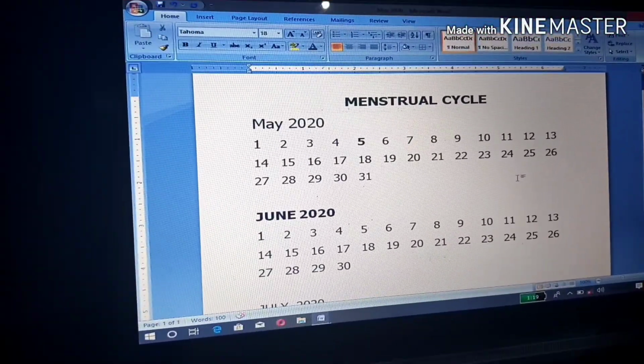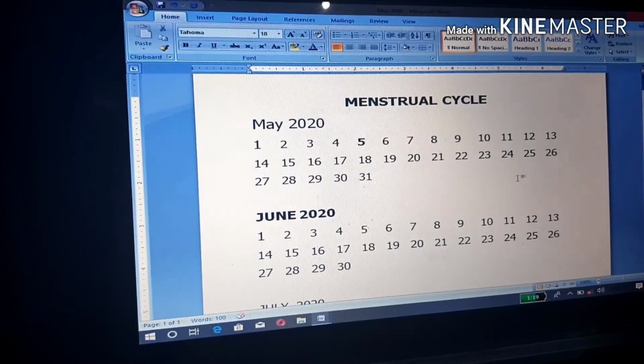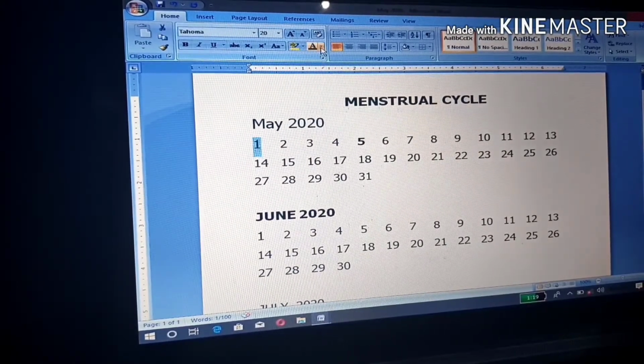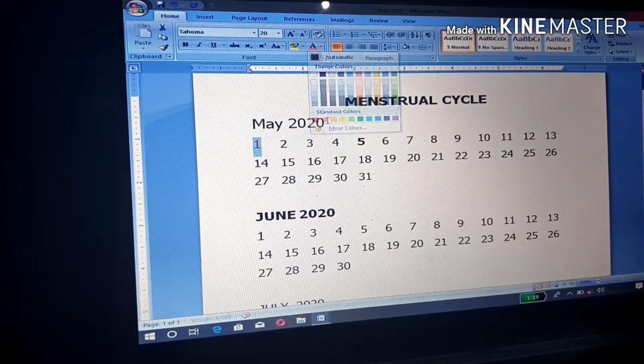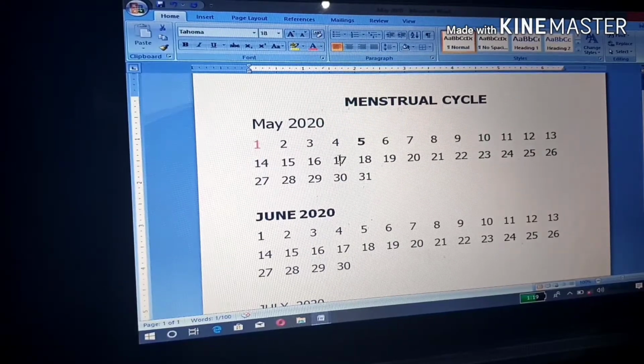In tracking your ovulation using the menstrual cycle, let's say that you started menstruating on the 1st of May and your menstrual cycle is 28 days. Now, for you to calculate or track your ovulation, just count 14 days from that first day.